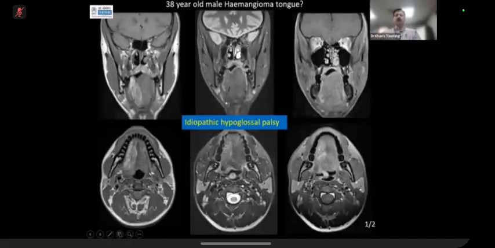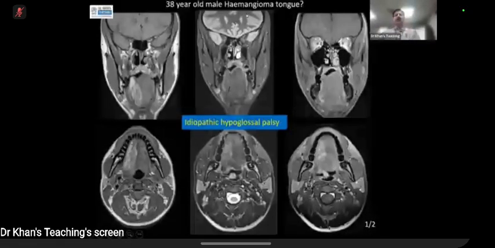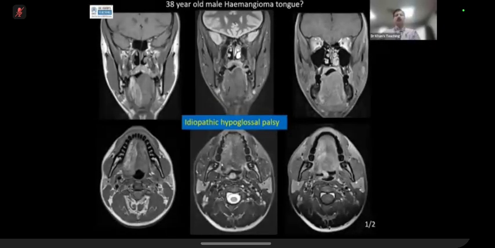This is another case which presented with this clinical appearance of the tongue, and they said meningioma of the tongue? What we found is that there was high signal on the T1 weighted sequence. This is STIR, just a faint edema, and just a bit of enhancement. So this was subacute. In this particular case, no lesion was identified.